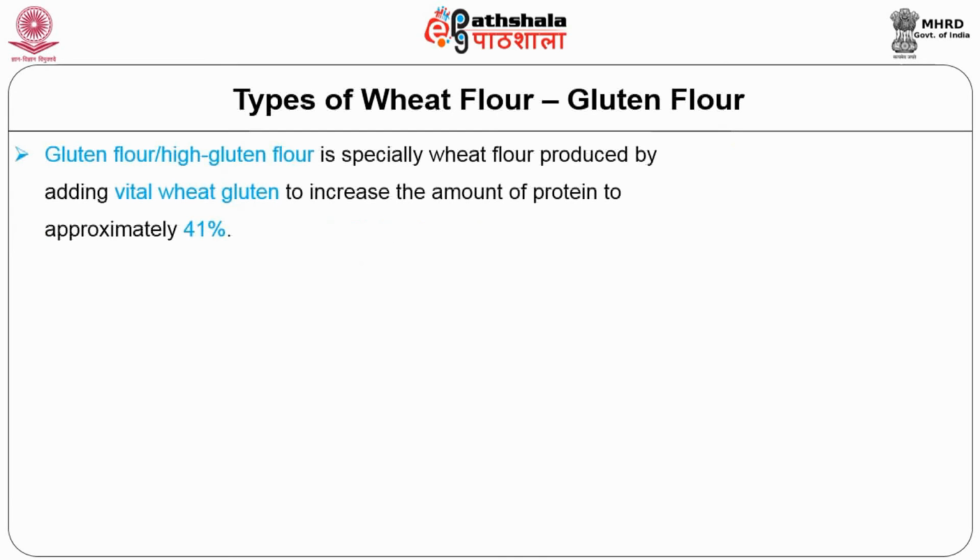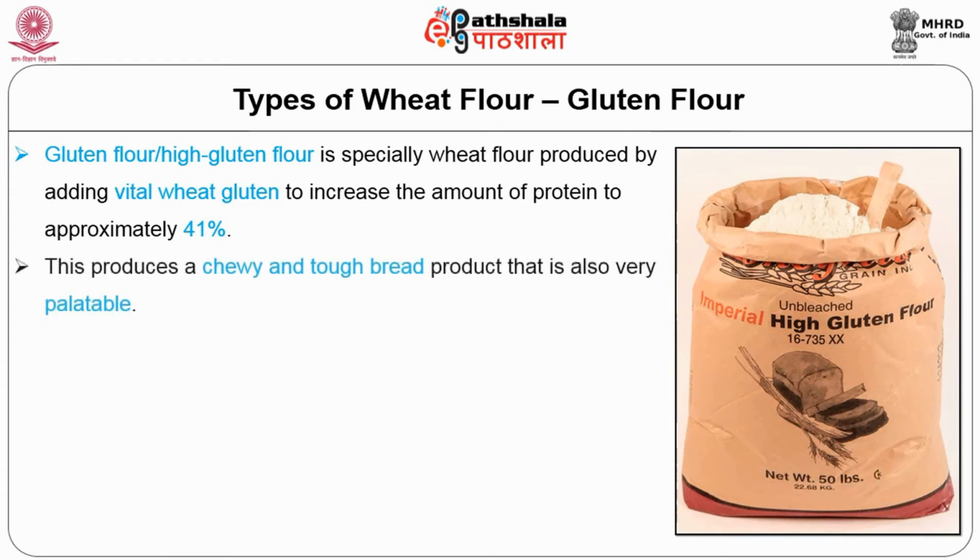Gluten flour or high gluten flour is a special wheat flour produced by adding vital wheat gluten, which is dried gluten, to increase the amount of protein to approximately 41%.